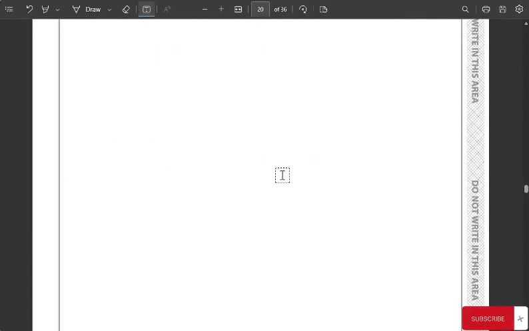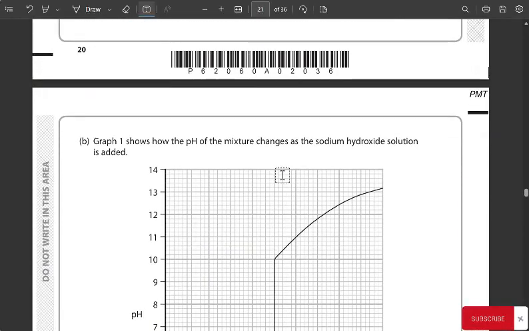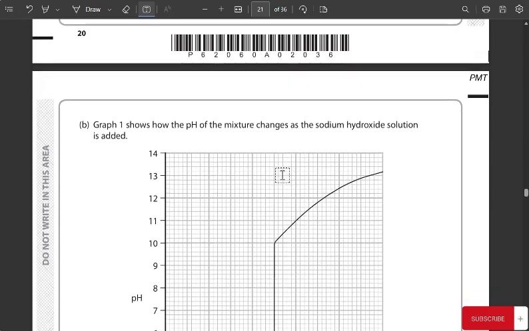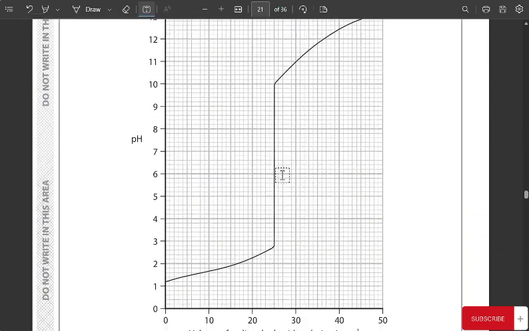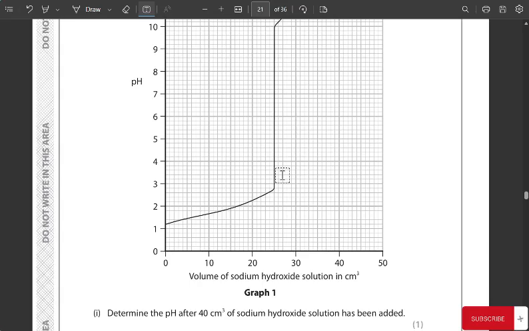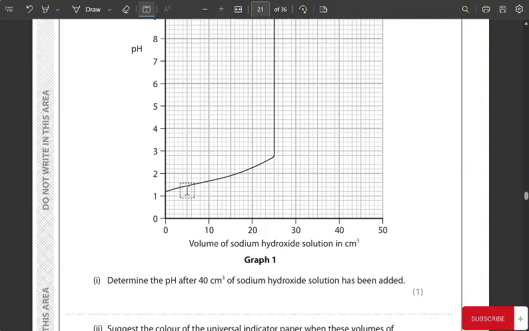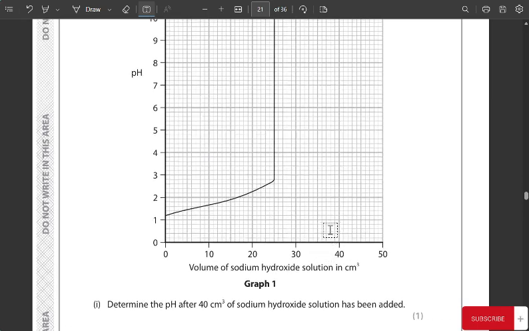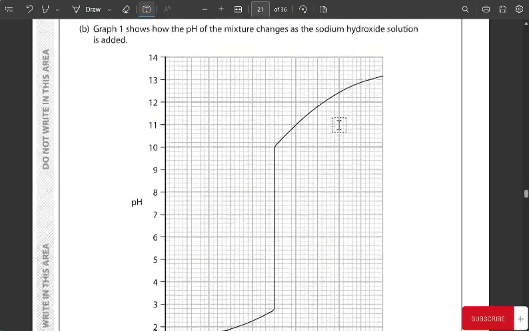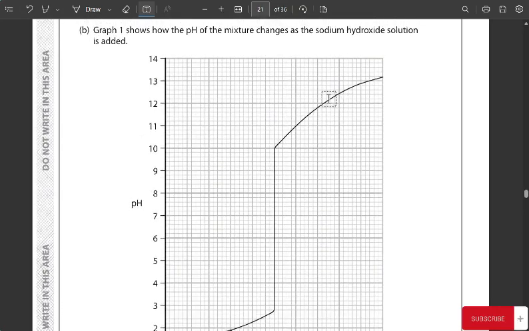Okay, we'll continue. Graph 1 shows how the pH of the mixture changes as the sodium hydroxide solution is added. Determine the pH after 40 cm³ of sodium hydroxide solution has been added. Okay, 40 here, this part.